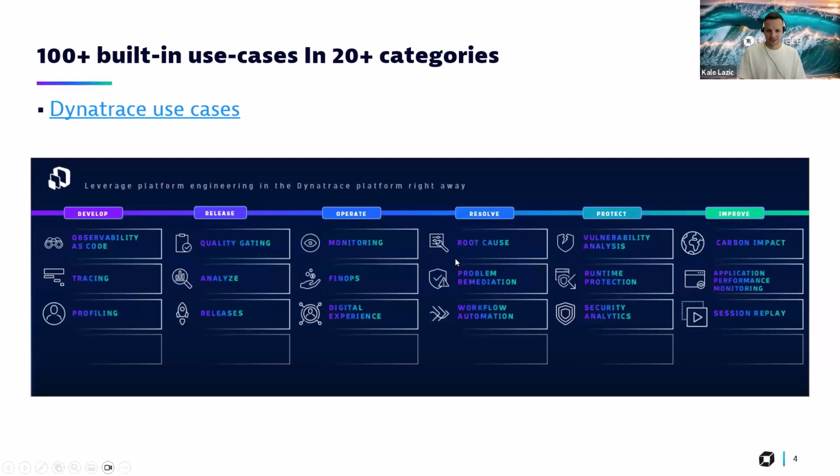Then we have the next phases: release, operate, resolve, protect, and improve. With all those phases, you will find a collection of use cases that will help you work towards a world where software works perfectly.